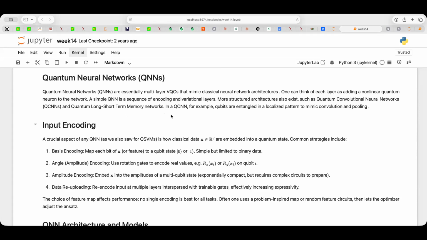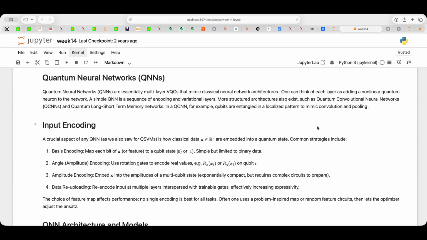In a quantum convolutional neural network, qubits are entangled in a localized pattern to mimic convolution and pooling. We will essentially stay, with the example next week, with a quantum neural network and an application of that to the solution of differential equations.